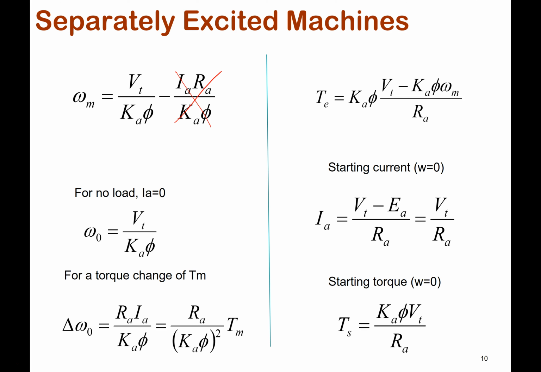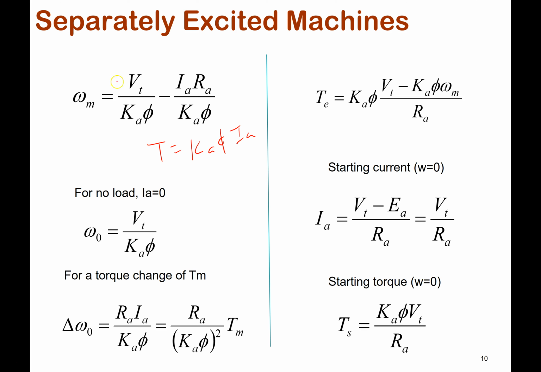That is, if the torque changes, which just means if you have a change in the current. So remember, you could relate Ia to the torque because T is equal to Ka phi Ia. So if you substitute for Ia, you will get Ia is T on Ka phi, which gives us RATM on Ka phi squared. So for a change in torque, we'll just get this change in speed.